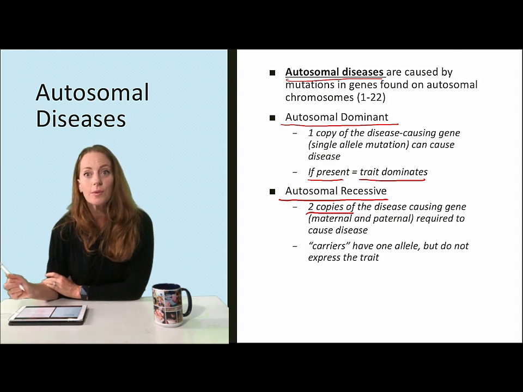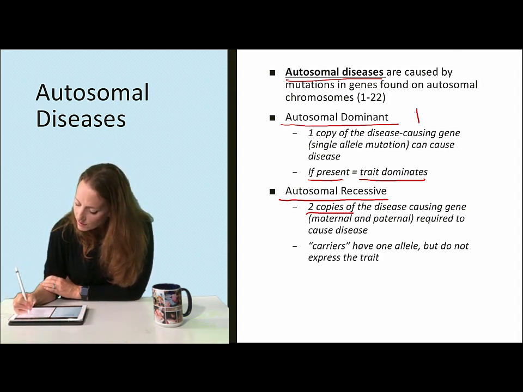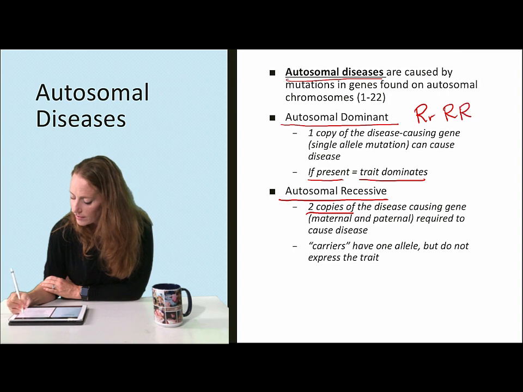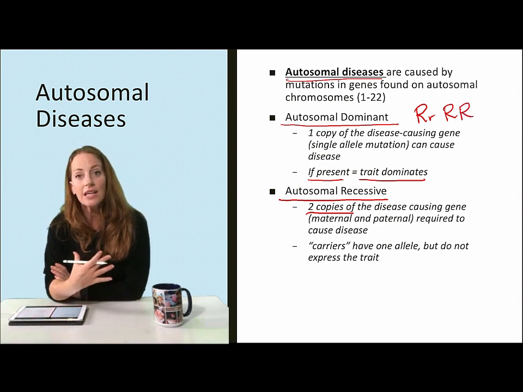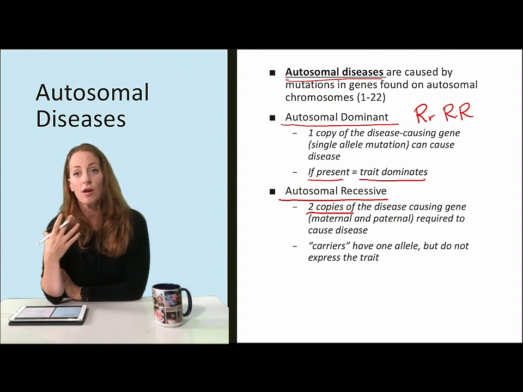For autosomal dominant, if it was big R, little r, big R, big R, either of those genotypes could lead to the dominant phenotype.